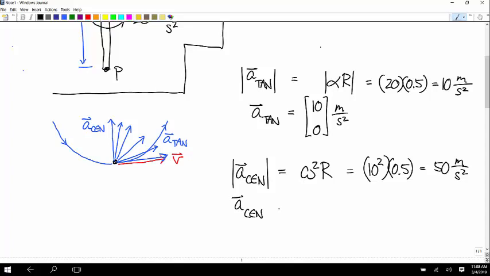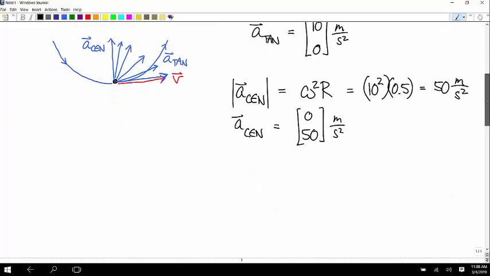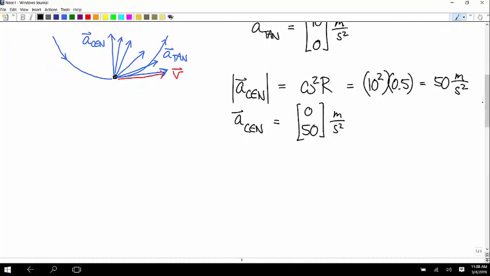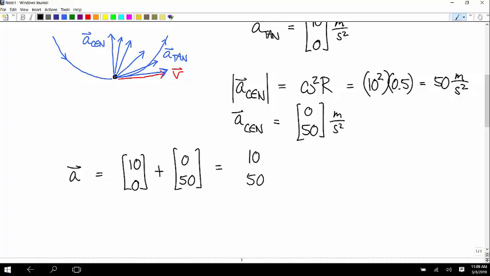So the centripetal acceleration is (0, 50). And so the total acceleration is (10, 0) plus (0, 50). So (10, 50).